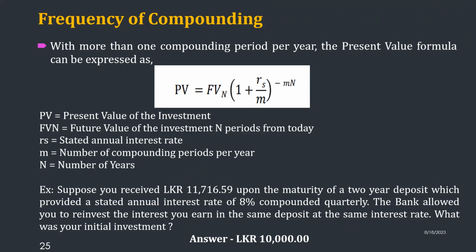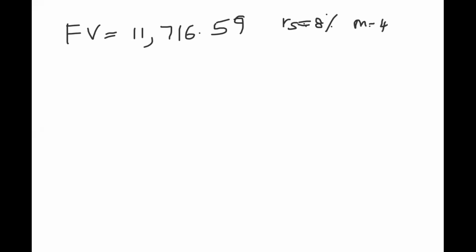I will explain that to you. Future value is 11,716.59, and r is 8%. m is 4 because it's quarterly compounded. n is 2. Here we are finding the present value.